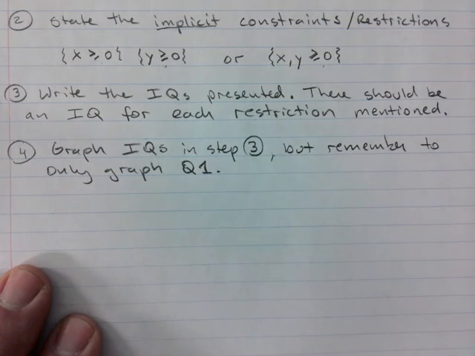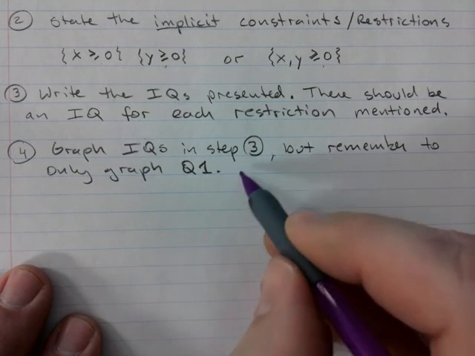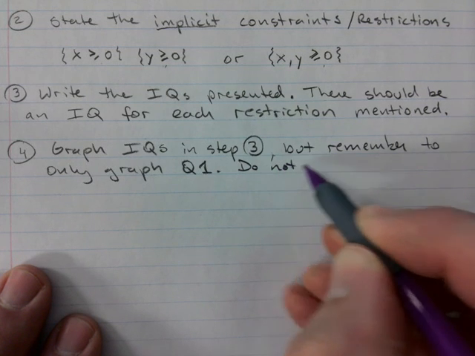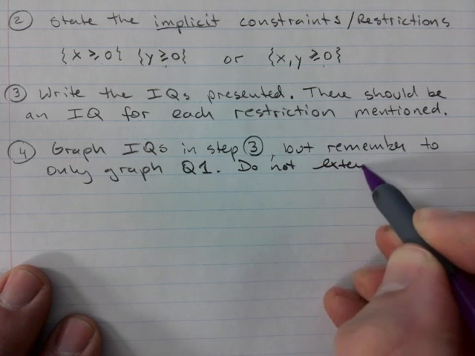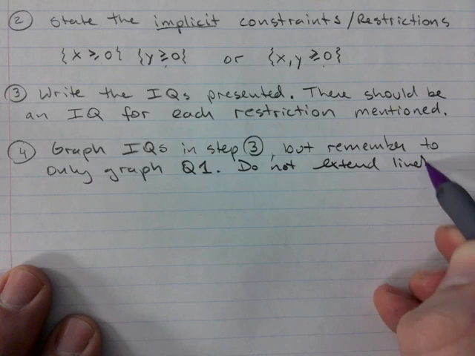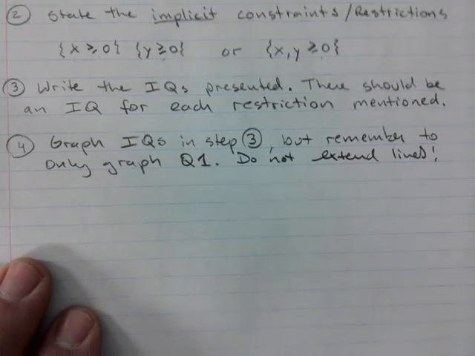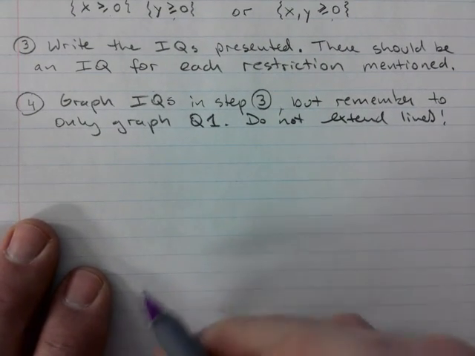Your calculator shows all 4 quadrants, but you need to stick to quadrant 1. Do not extend lines, because that will make you lose half marks, okay?